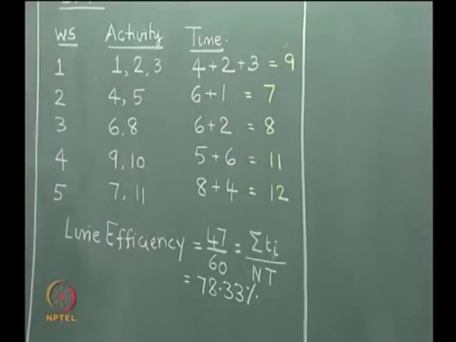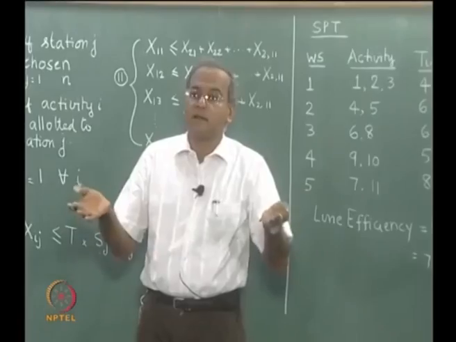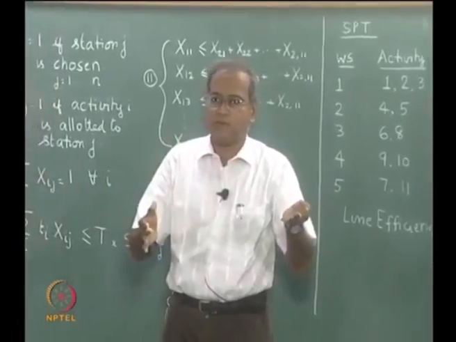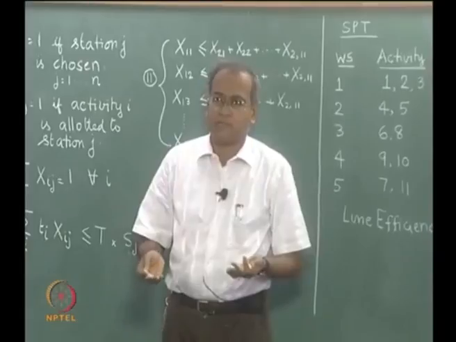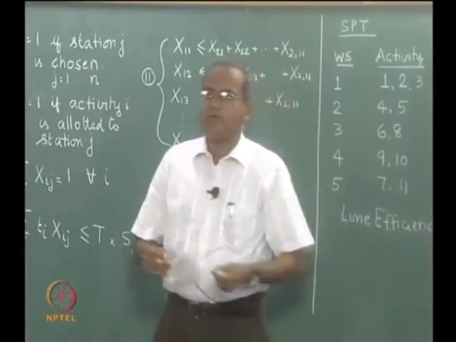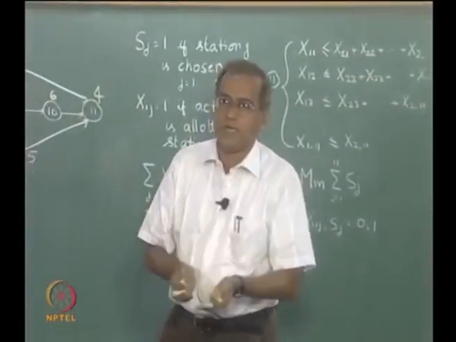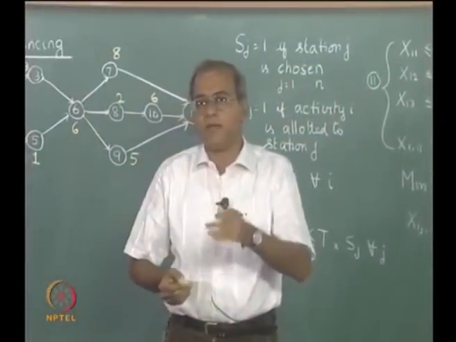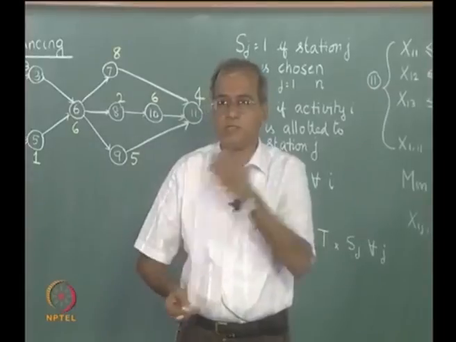The closer these 5 numbers are, either the inventory will be less or the idle time will be less. If these numbers vary, as in this example, you will find that either the person has to be idle or the person will end up creating inventory which cannot be consumed.